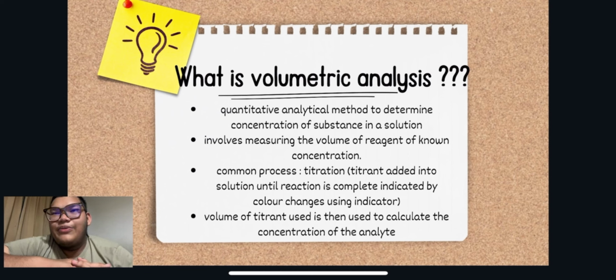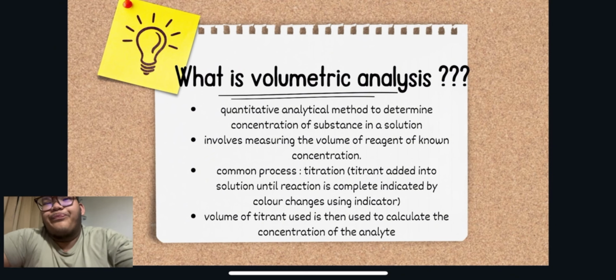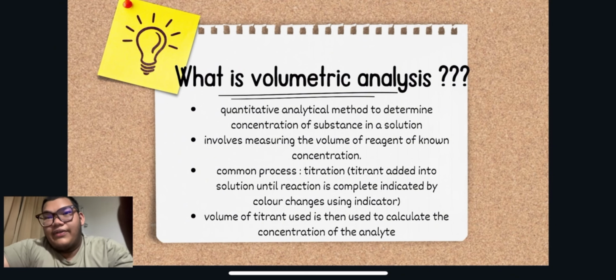An indicator we usually find in our lab is phenolphthalein, methyl orange, methyl red, methyl blue, and so on. Then the volume of titrant is used to calculate the concentration of the analyte.